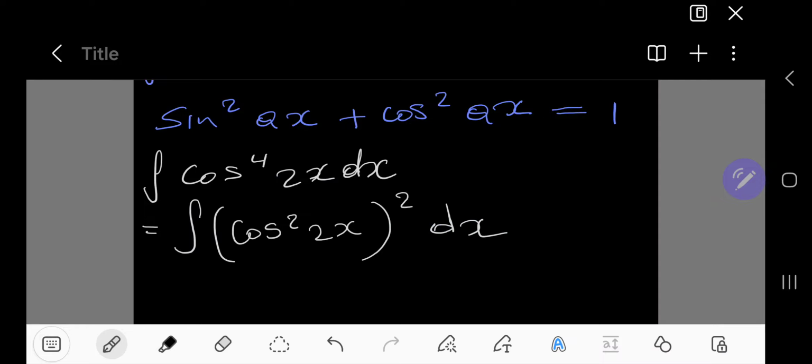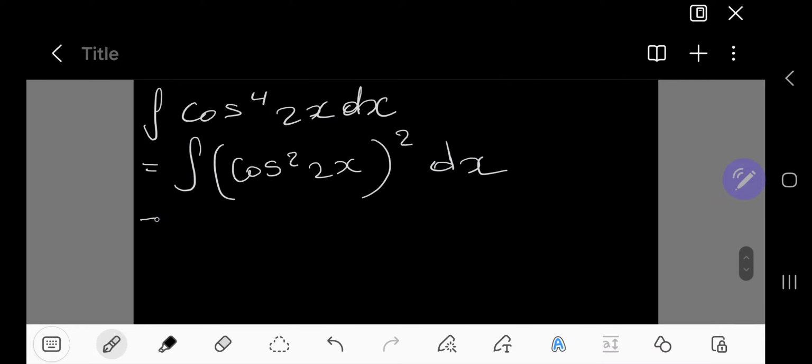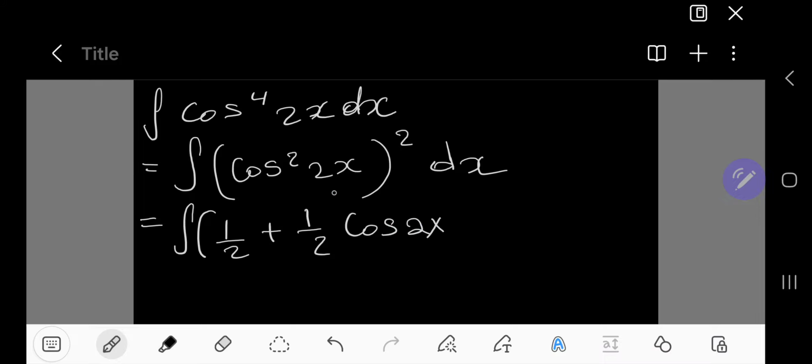Now we can rewrite this as, when it's cos, it's plus: 1 over 2 plus 1 over 2 cos 2 times 2x. Then we close the bracket, we still put dx.